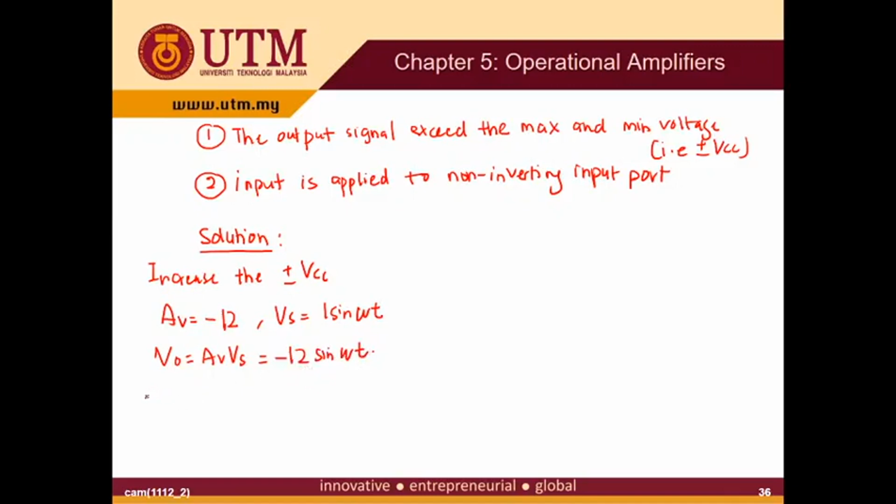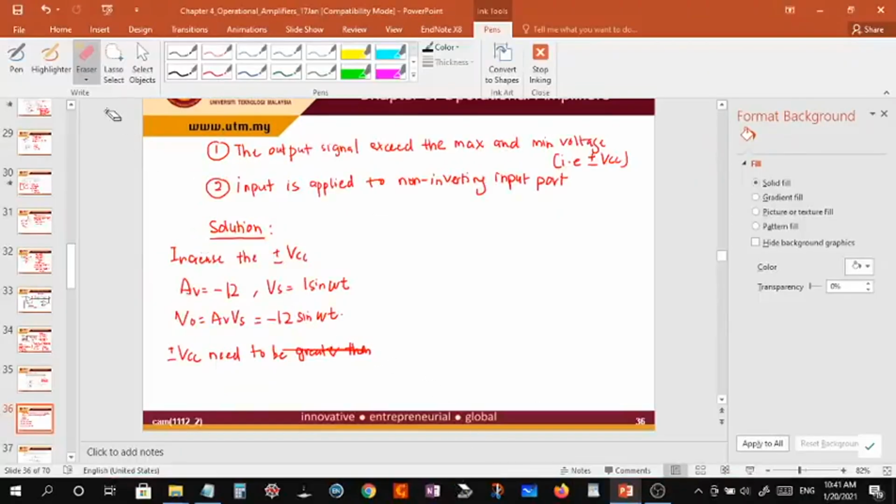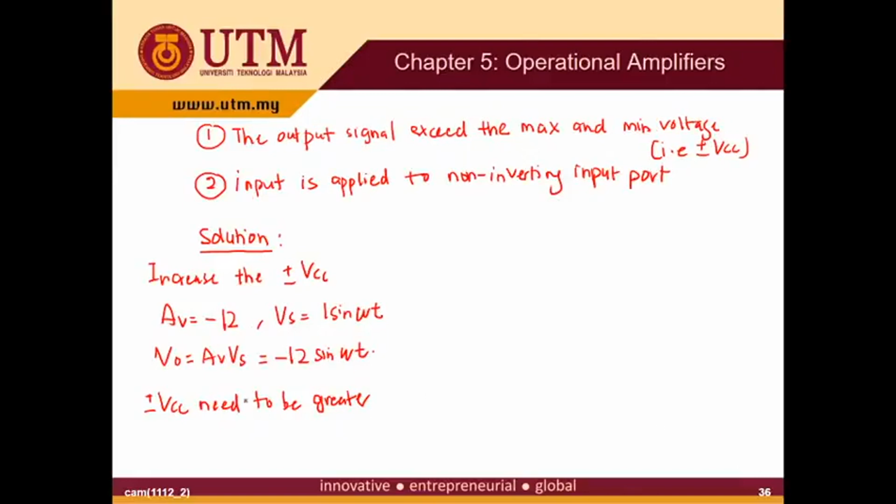So the VCC needs to be greater than this value. For example, we can put plus minus 15 volts.